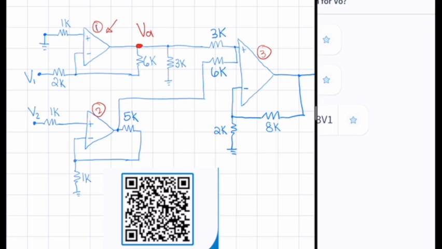Just leave it in terms of V1. So your equation should be VO1 equals something times V1.